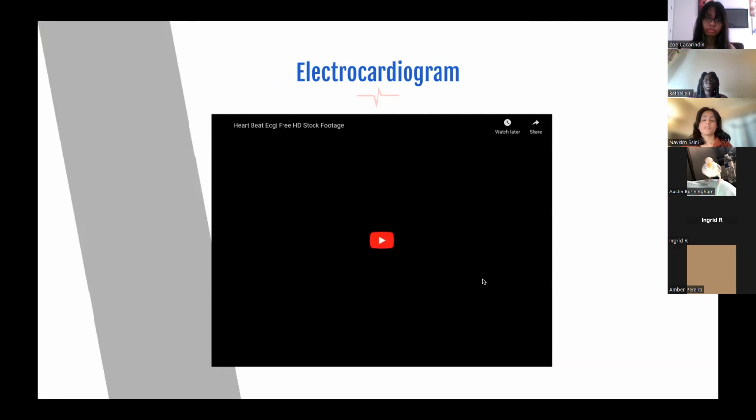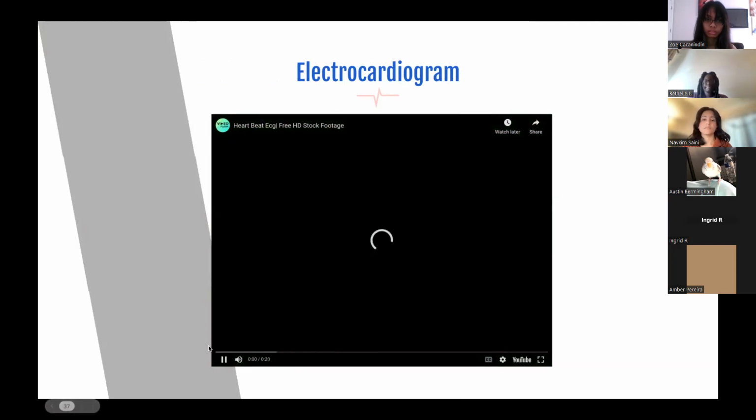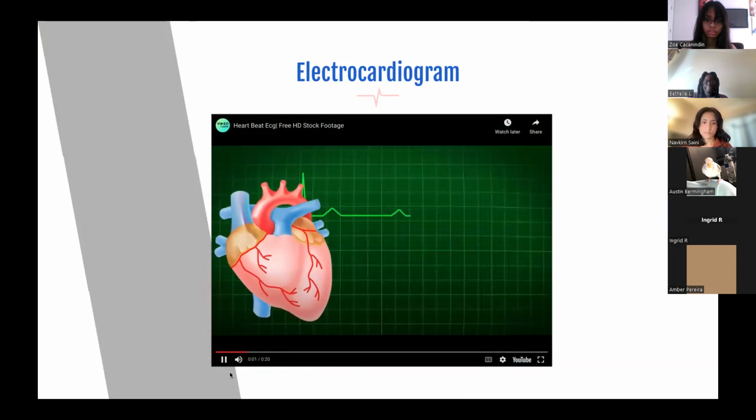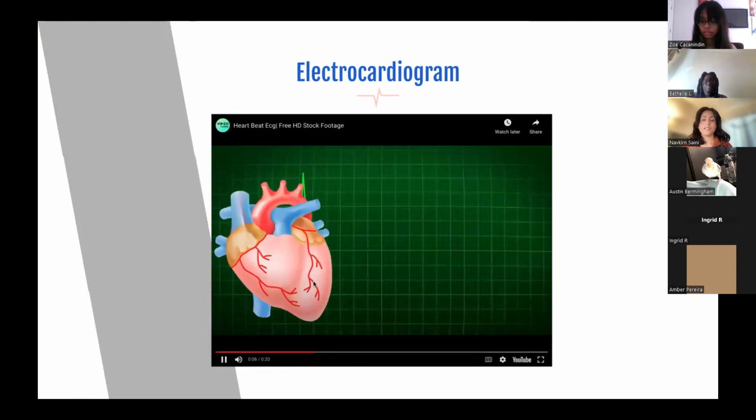Okay. So this is how an electrocardiogram or EKG works. As you can see, for each type of heart movement and pump, there is a specific line that denotes how that occurred.